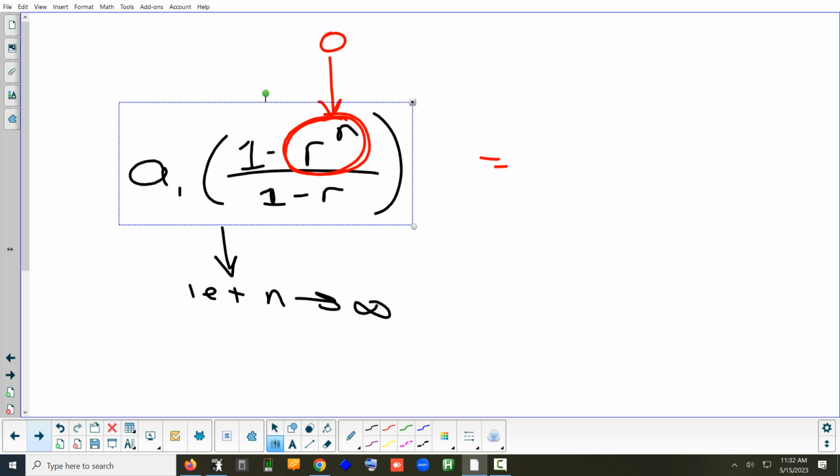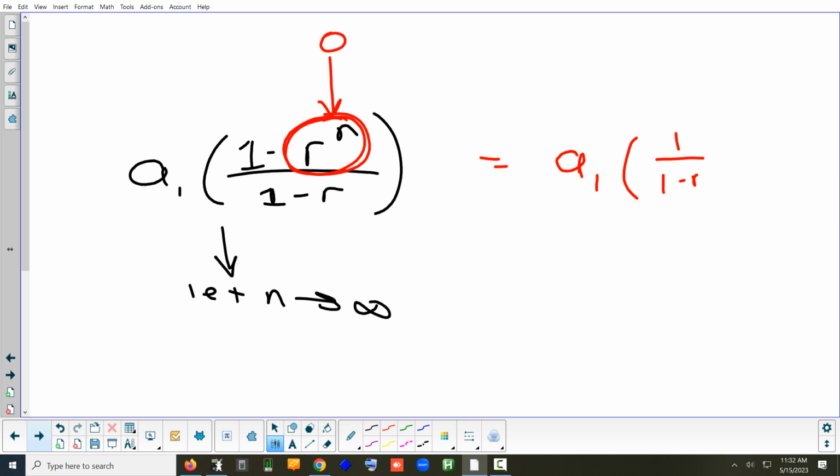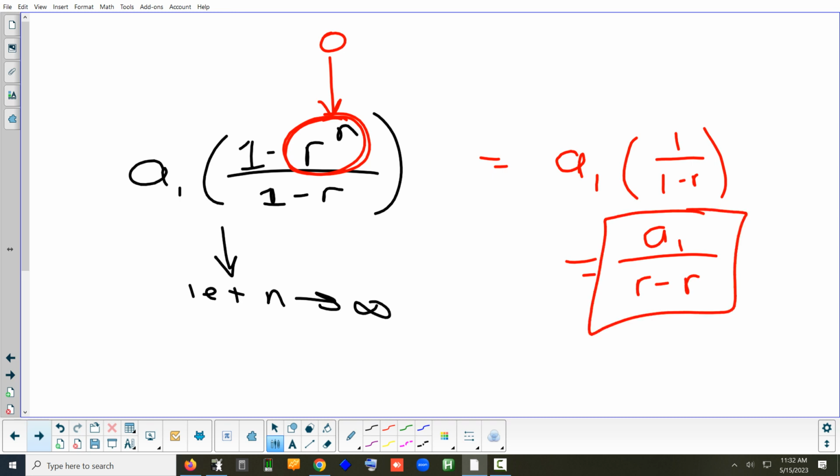Just 1 over 1 minus r, and something else too. Oh, a sub 1, the first term, times 1 over 1 minus r. Now put all that together: a sub 1 over 1 minus r. And that is the formula for the sum of an infinite geometric series.